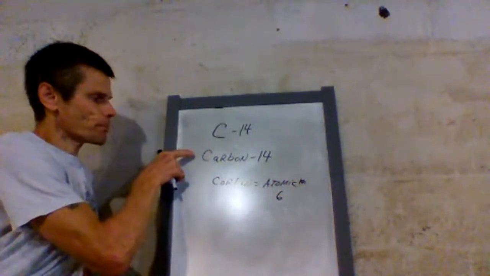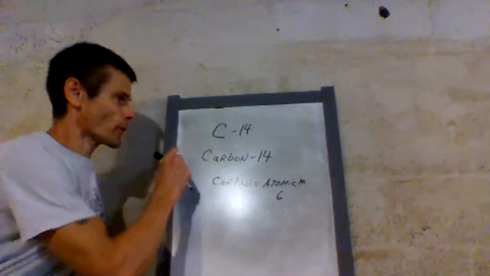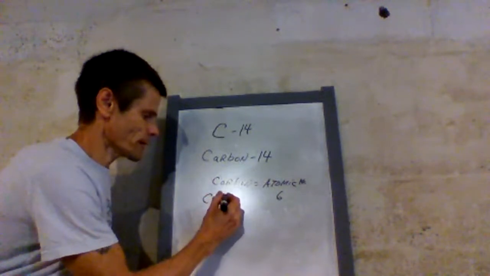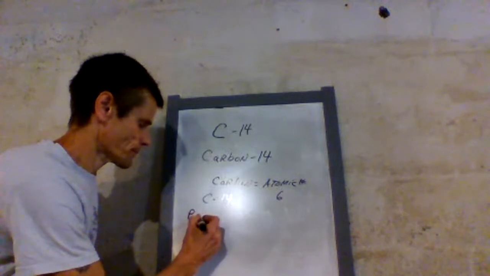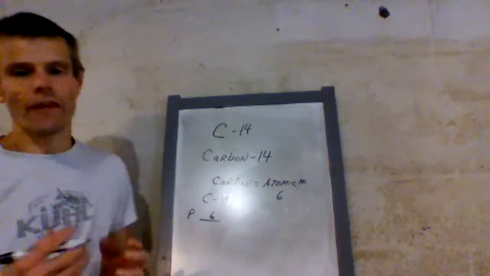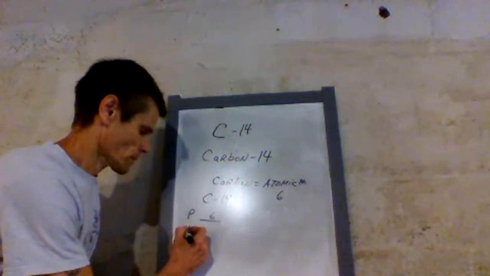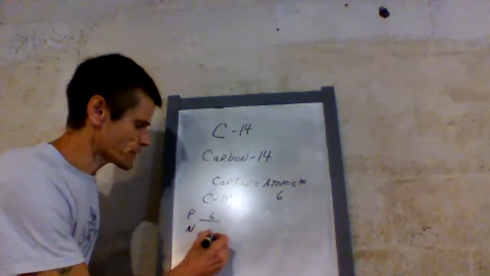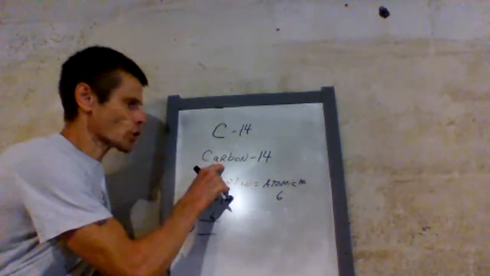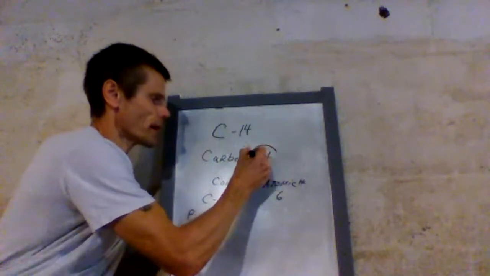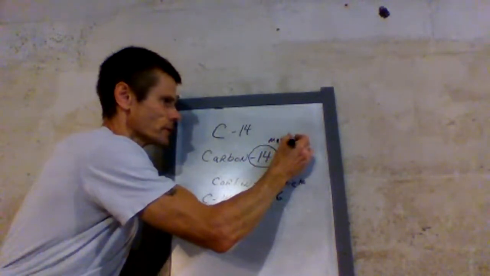So how many protons does carbon 14 have? Carbon 14, as it's written here, we would know it has 6 protons because that's the number we would see on the periodic table. How many neutrons does carbon 14 have? Okay, let's think about it. This is carbon 14. This number is the mass number when we use our shorthand notation.